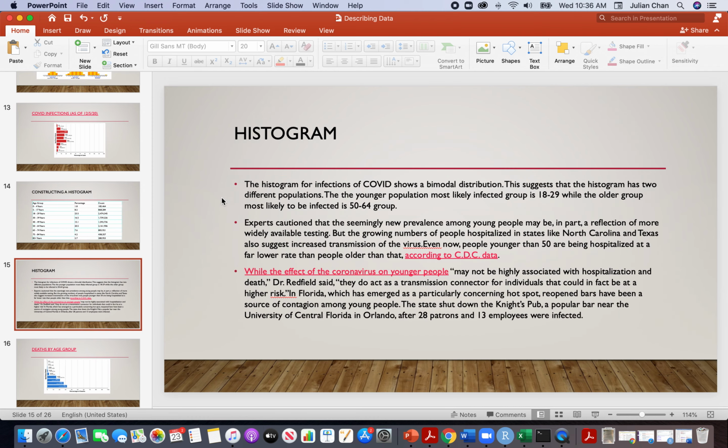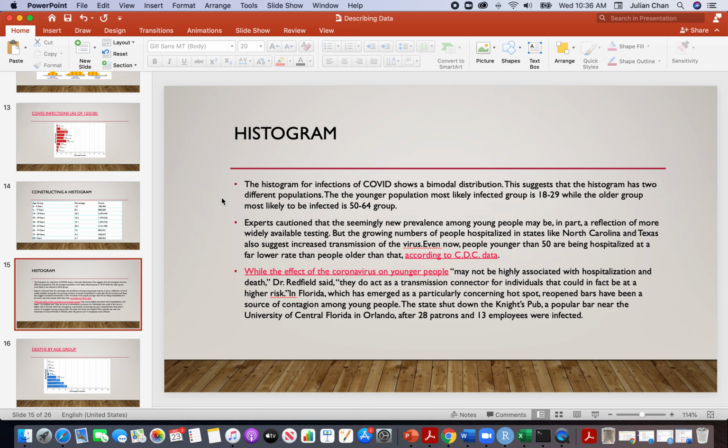It says the histogram for infections of COVID shows a bimodal distribution. We've already talked about two different populations. The younger group and the older group are the two most common outcomes. Experts have cautioned that the seemingly new prevalence among young people may be in part a reflection of more widely available testing.